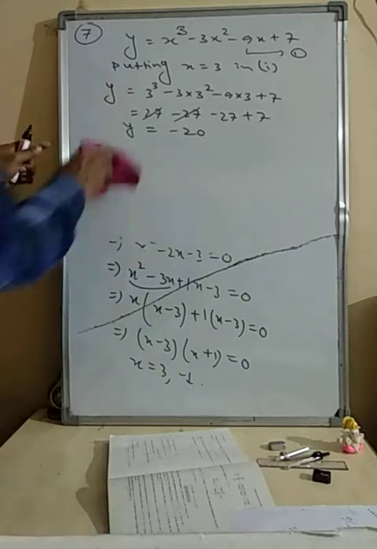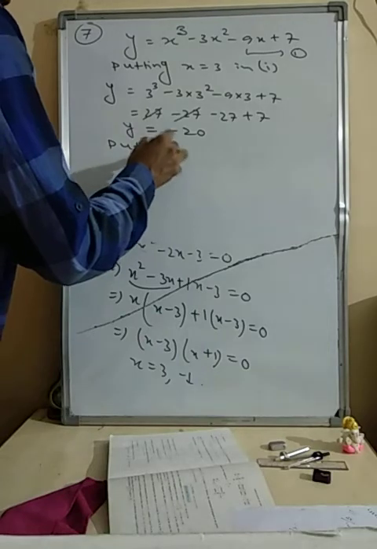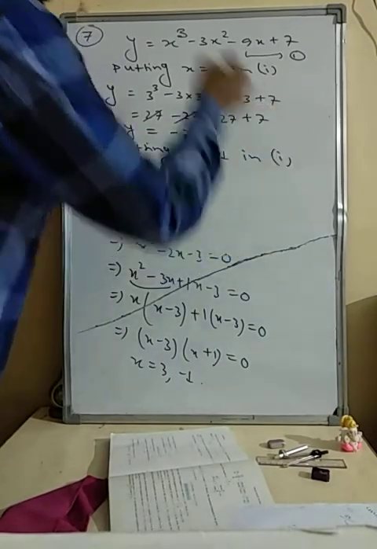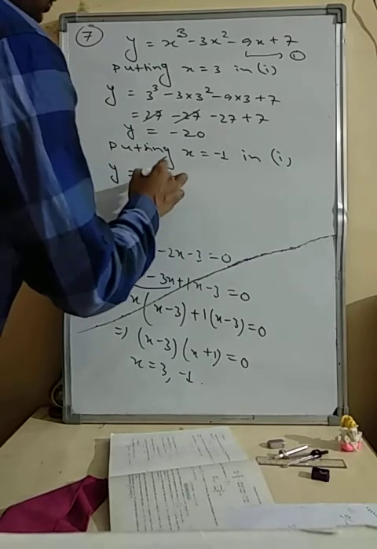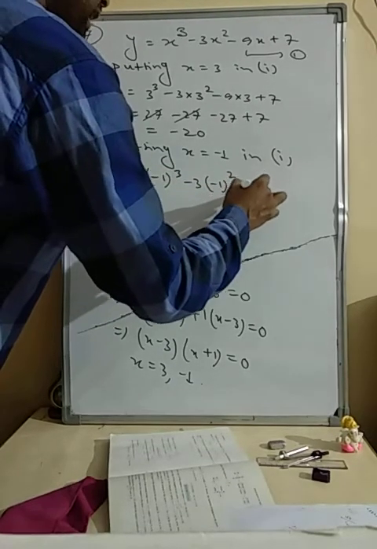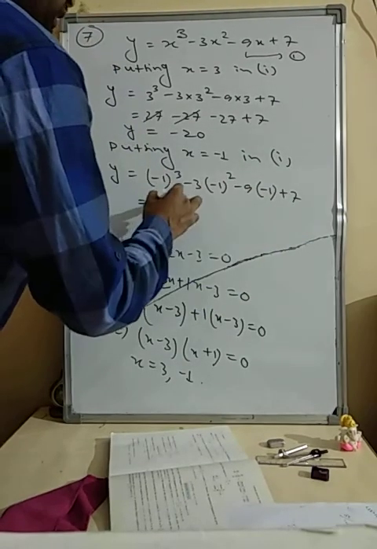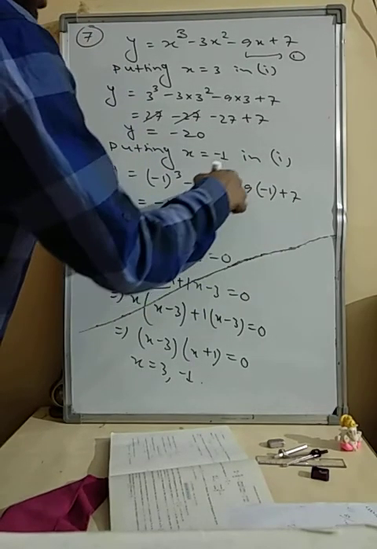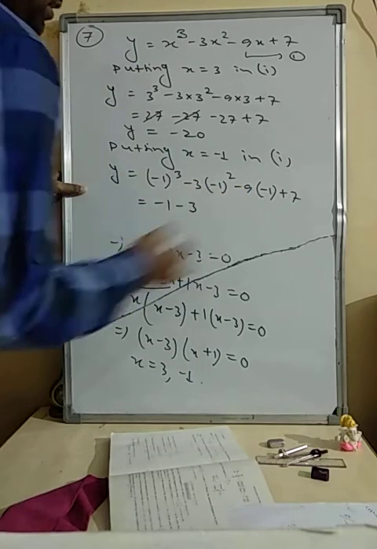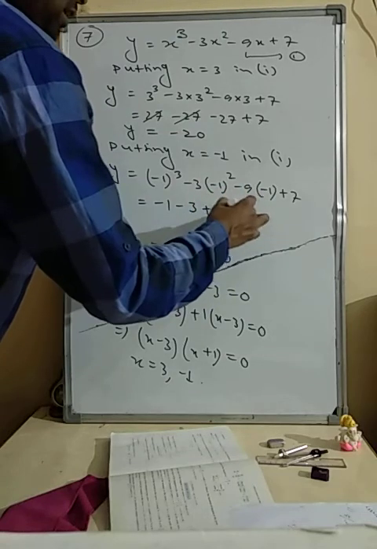Again put x equal to minus 1. Putting x equal to minus 1 in 1. Now this time y equals minus 1 cube minus 3 into minus 1 square minus 9 into minus 1 plus 7. So it is minus 1, minus 3, plus 9, plus 7.